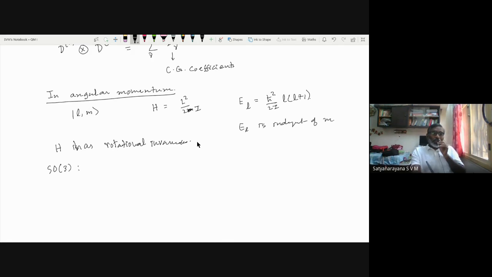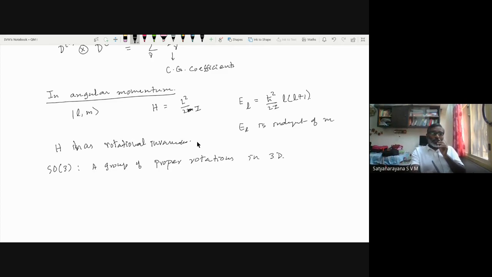This is a group of proper rotations in 3 dimensions.